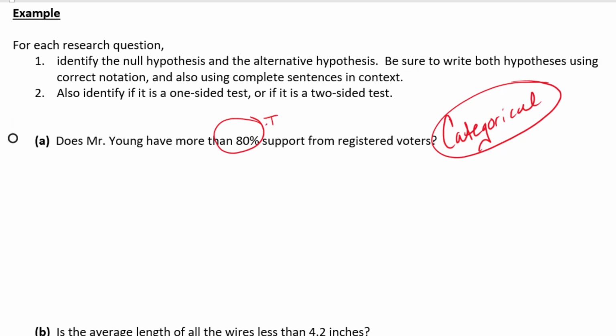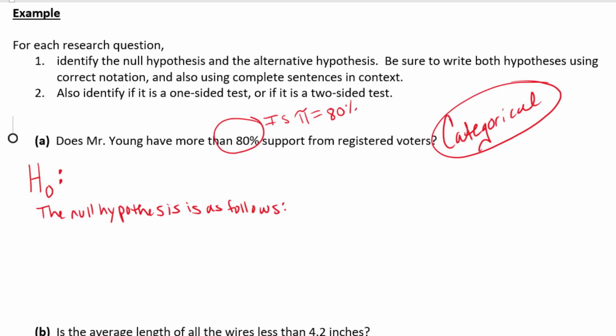We're asking, is pi equal to 80%? Is the proportion of people in the entire population equal to 80%? So a null hypothesis is always started out by writing H sub 0 colon, which you read as the null hypothesis is as follows.